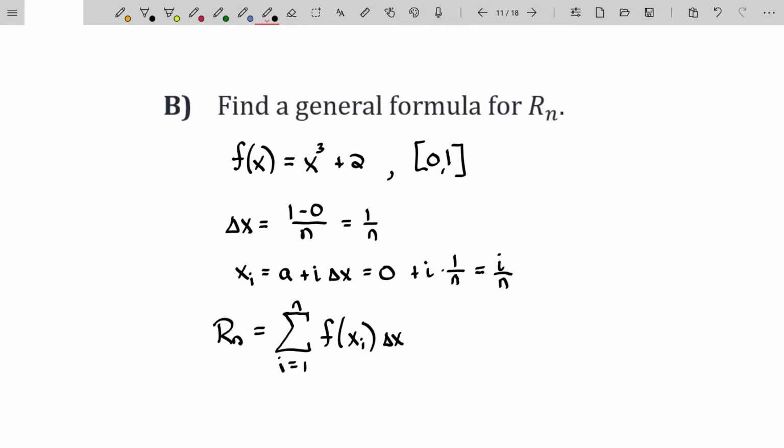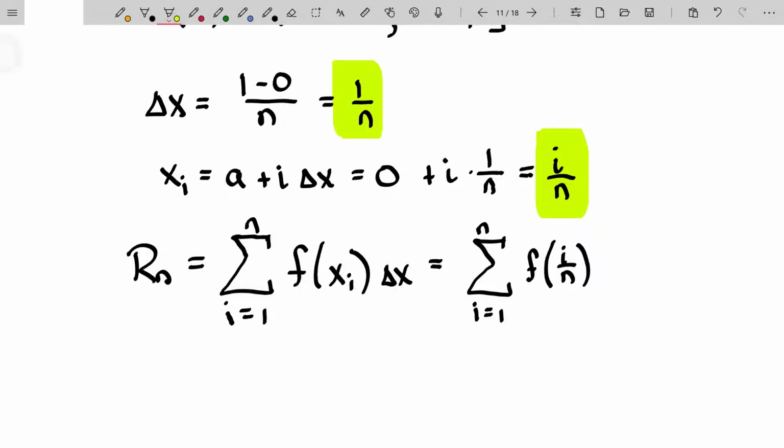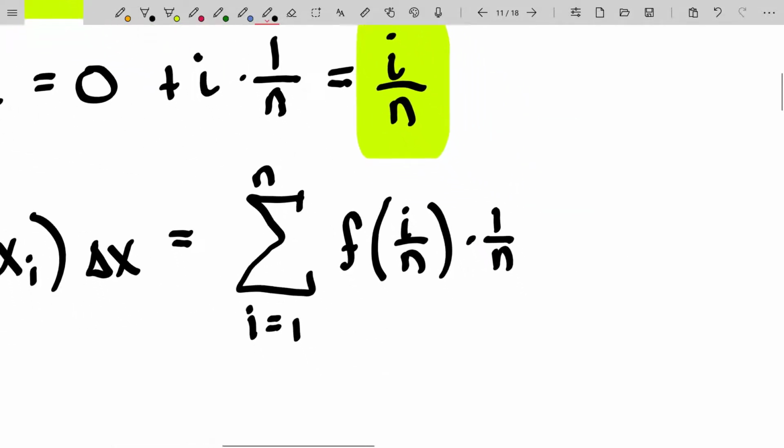We know that x sub i is i over n, so this is the summation i equals 1 to n of f at i over n. Not bad, actually. Then delta x is 1 over n, so let me insert that as well, times 1 over n. Something I need to draw your attention to.